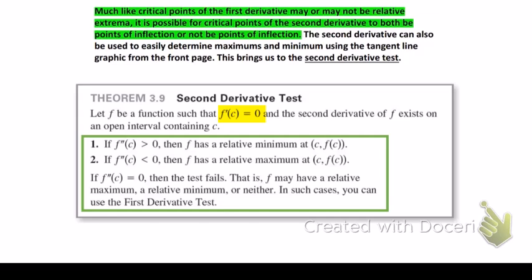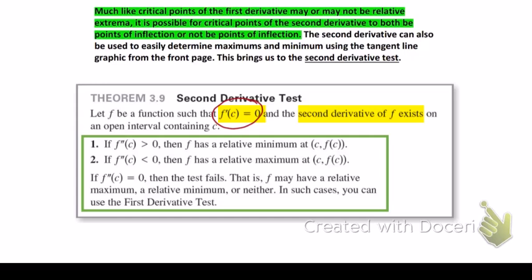Okay, so the first derivative equals 0. Make sure you're seeing first derivative there. And this thing does have a second derivative. Okay, so the first derivative at this point is 0. The second derivative exists.